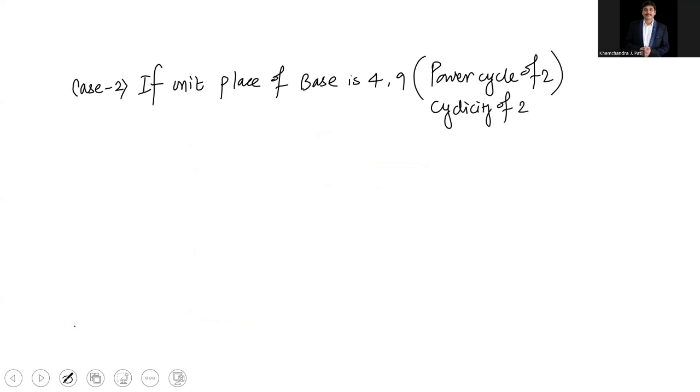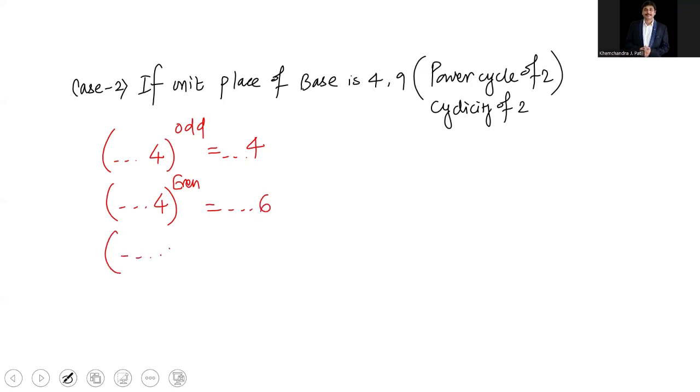So when it is 4 raised to odd number, this will always end with 4. 4 raised to even number, this will end with 6. In case of 9, 9 raised to odd, it will end with 9. And 9 raised to even, it will end with 1.